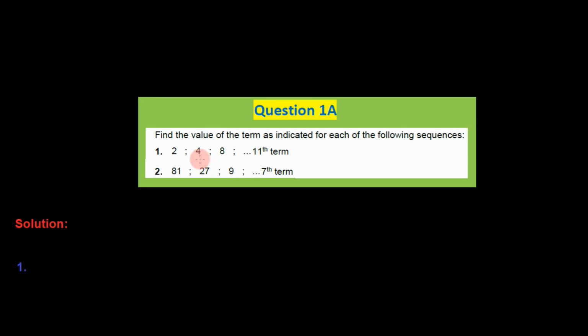Let's look at your answer to the first question here. We have the sequence 2, 4, 8, etc. And we must find the 11th term. We're going to start by checking to see whether it's a GP. So term 3 divided by term 2 is 8 divided by 4, which is 2.